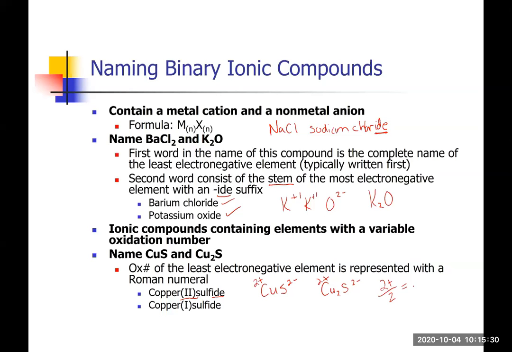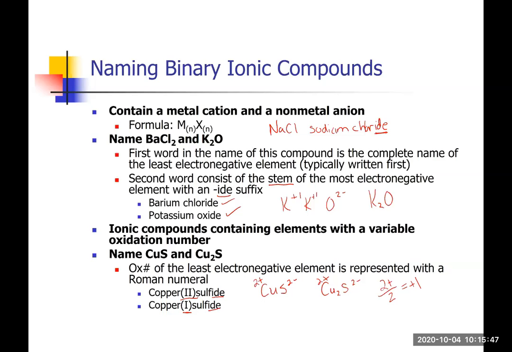And that's going to give us a +1 oxidation state for each copper. So we write that with a Roman numeral 1 in the parentheses. And then again, we're changing the suffix on sulfur to IDE. So we have copper(I) sulfide.